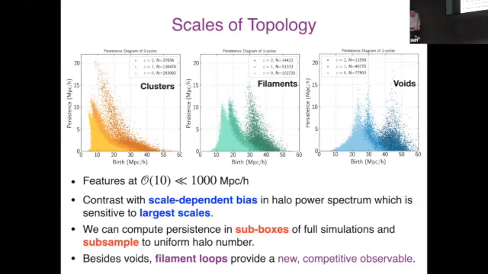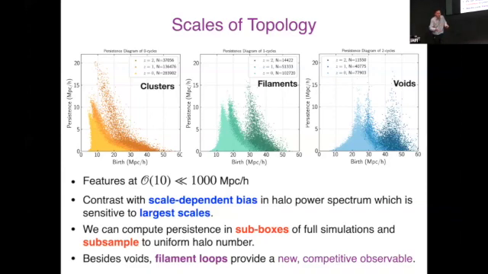Now, this typical scale of the topologies, they're dominated by statistics around 10 megaparsecs. The fact that they are mostly of the 10 megaparsec scales allows us to divide the simulations into many sub-boxes. And we can compute persistence within each of these sub-boxes without having to worry about boundary effects.